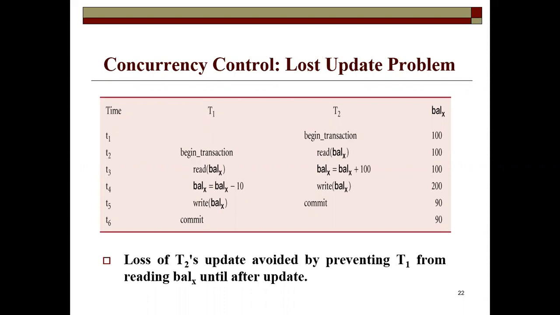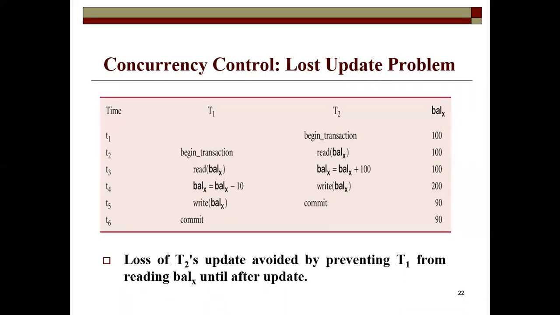T2 makes an update. Unfortunately, T1, which started after T2, has already made a read, not knowing that there is an update to the balance. So it will continue its operation based on a wrong value, which actually got updated at T4.